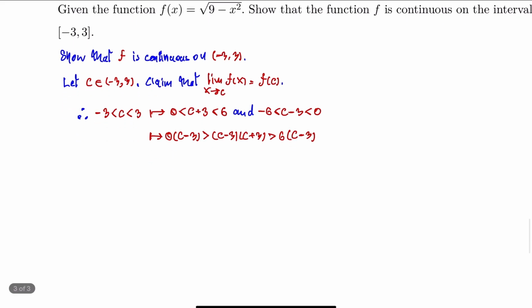And then we're going to have 0 greater than c squared minus 9 greater than what? Okay, c minus 3 is greater than -6, right? So we're going to have -6 right here, and -6 times 6 is -36. So we're going to have 0 greater than c squared minus 9 greater than -36.